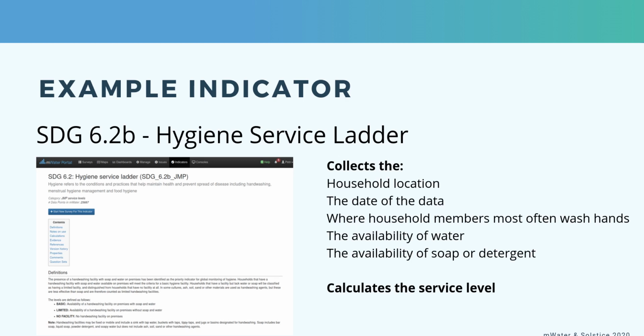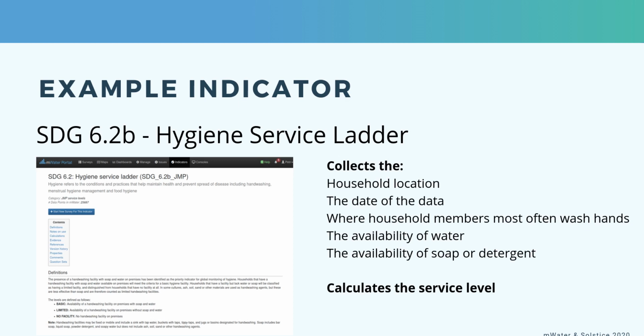In this case, SDG 6.2b, our hygiene service ladder indicator. The data fields that it collects are the household location, so this is a household level indicator, the date the data was collected, where household members most often wash hands, the availability of water, and the availability of soap or detergent.